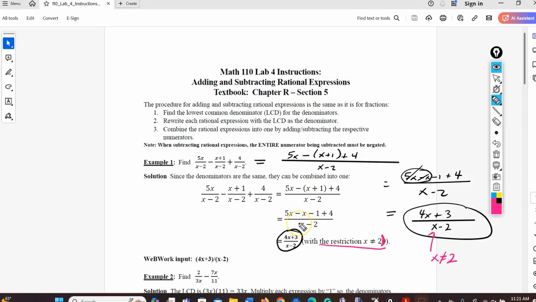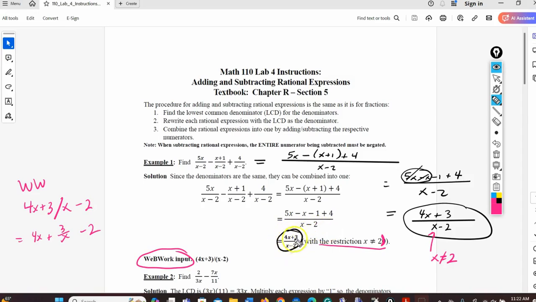All right. And now, equally important is what to type when you get to WebWork. So what I'm doing here is wrong. If you just type 4x plus 3 and then have this slash x minus 2, you're telling WebWork that the answer is 4x plus the fraction 3 over x, then minus 2, which is not the answer.